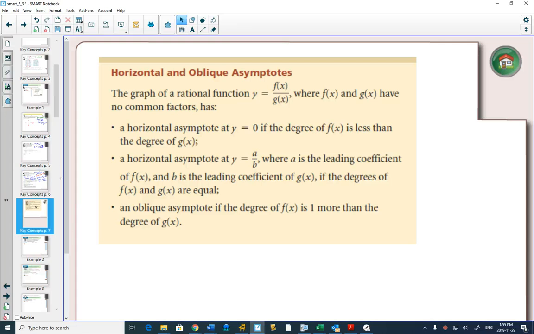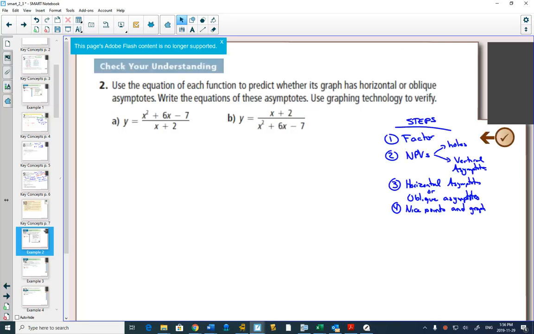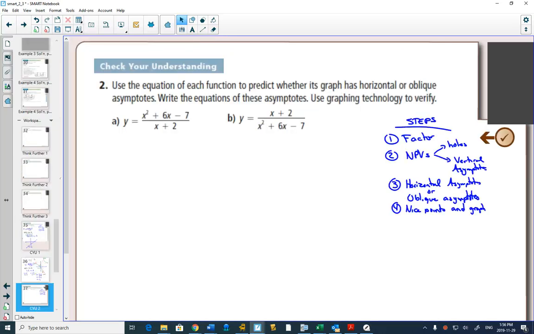Okay, so we are going to go to this example. We've got our steps here for nice points. We should remember our x-intercepts and y-intercepts. And so we start. Okay? Step 1, we always factor.